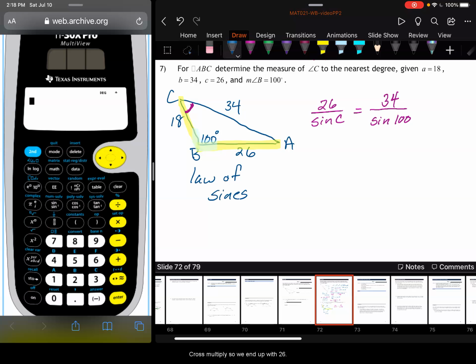Cross multiply, so we end up with 26 times sine of 100 equals 34 times sine of C.